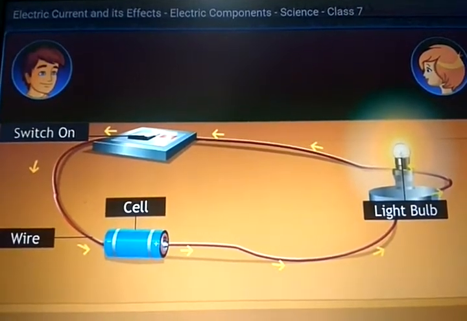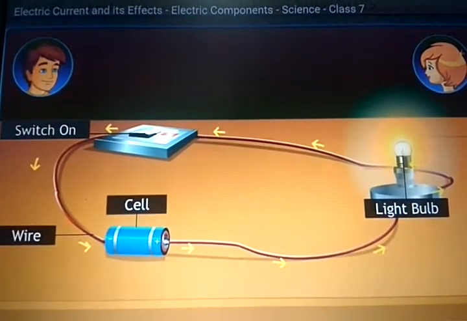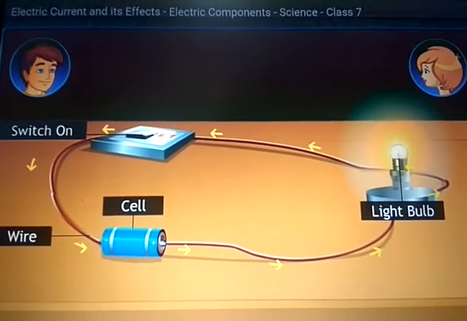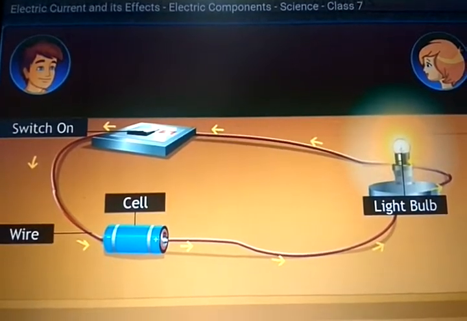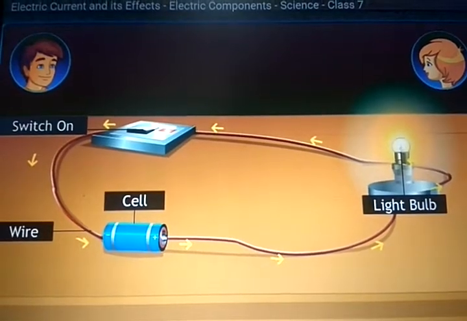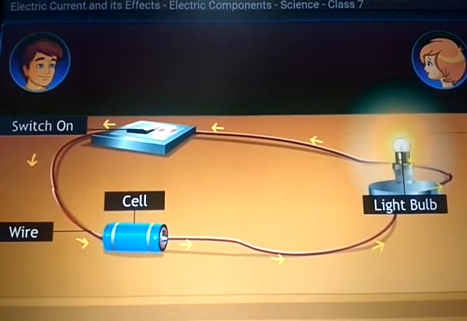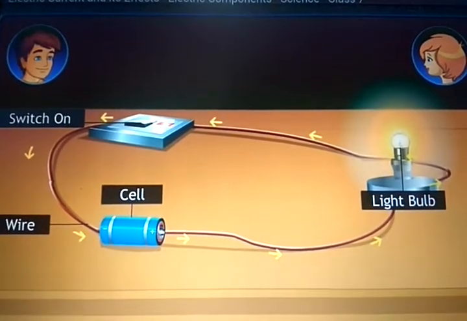Here the original switch has been taken, but we can make a switch with the help of a safety pin. Bulb, an LED bulb costs 1 or 2 rupees. Cell and wire, you will surely have them at home. So with the help of this you can prepare this simple circuit and that game also.